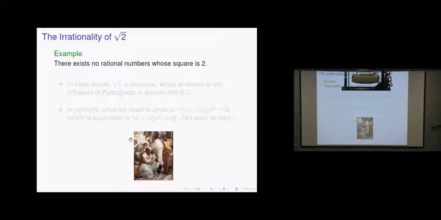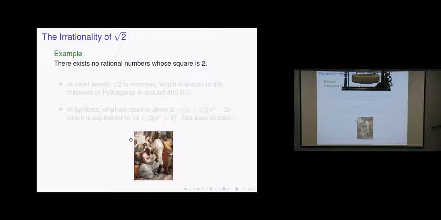So here's Pythagoras. We know his theorem about right angle triangles, right? The first example I'm going to show you is the irrationality of square root 2. The theorem says there exists no rational number whose square is 2. Rational numbers are the ratios of two integers.